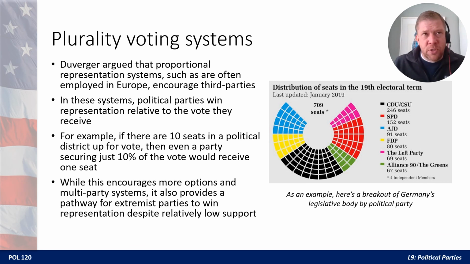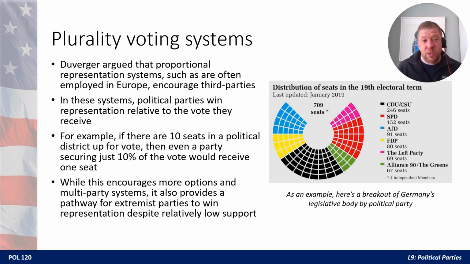Now, as opposed to this winner-take-all plurality system, some democracies have proportional representation systems. We do not. Duverger argued that proportional representation systems, often employed in Europe, encourage third-party membership, and that's why in most European political systems you see thriving third parties.